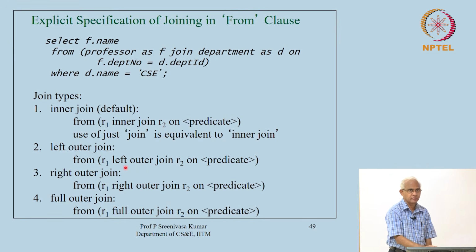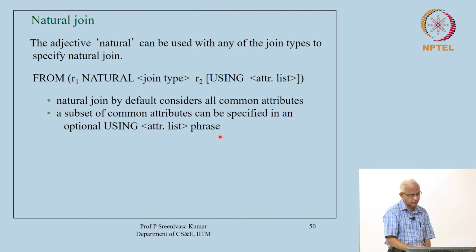But it is convenient to say that we are interested in keeping all the attributes of the left relation, and that is the kind of join that we are looking for. So, left outer join. And natural join can be used with any of these join types by specifying the keyword natural and then the join type, R1 natural join type R2, and then there is an optional keyword called using attribute list, which we will consider a little later.